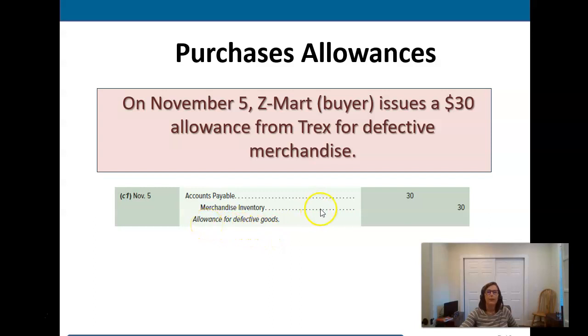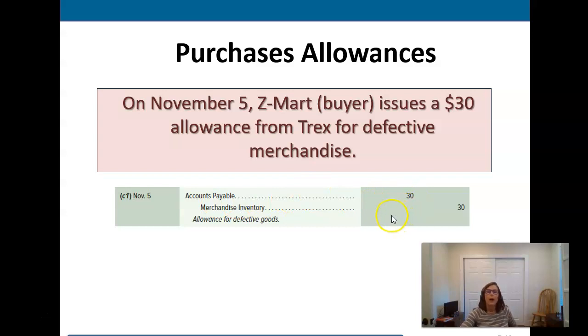So in this case, there's some defective goods and they've taken a little bit off our bill as a result of the defective goods. So we're going to assume that the original purchase was entered, and then we get back and discover, hey, there's a problem and we need a credit. And I don't want to use that word because it has a whole different meaning in this world.